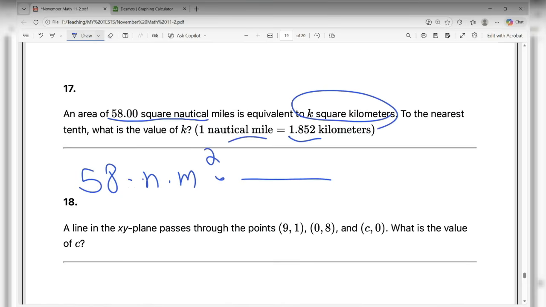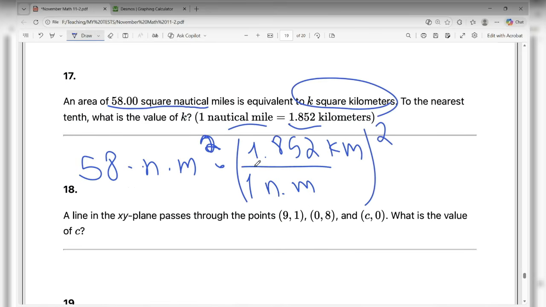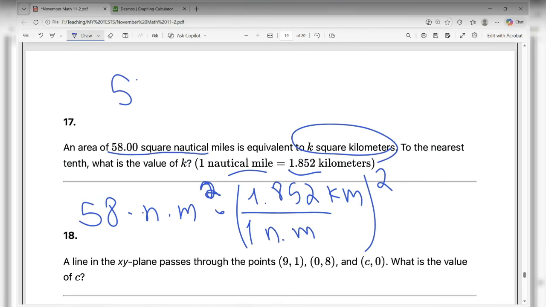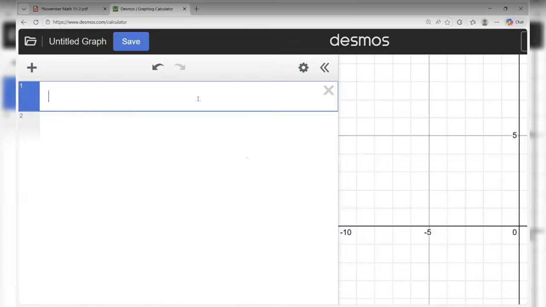Here we have to calculate what is 1 nautical mile square. So I'm going to write 1 nautical mile equals 1.852 kilometers. And to cancel this square, guys, it must be a square here as well. And then we're going to have 58 multiplied by 1.852 square. That's all, guys. We just need to square here and then do the calculation.